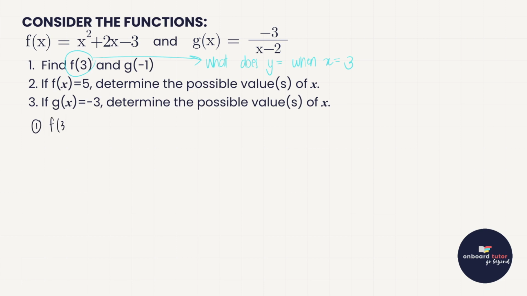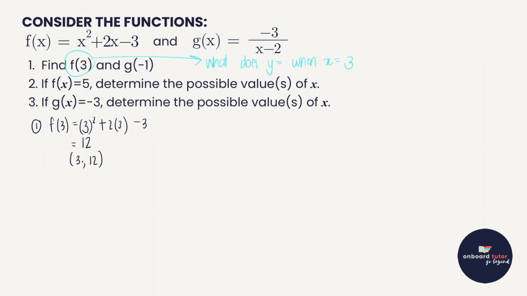So f of 3 is equal to 3 squared plus 2 times 3 minus 3. And that equals 9 plus 6 minus 3, which is 12. And so what that means is that somewhere in this function, we have got a 3 and a 12 as one of the sets of coordinates, or one of the sets of ordered pairs.